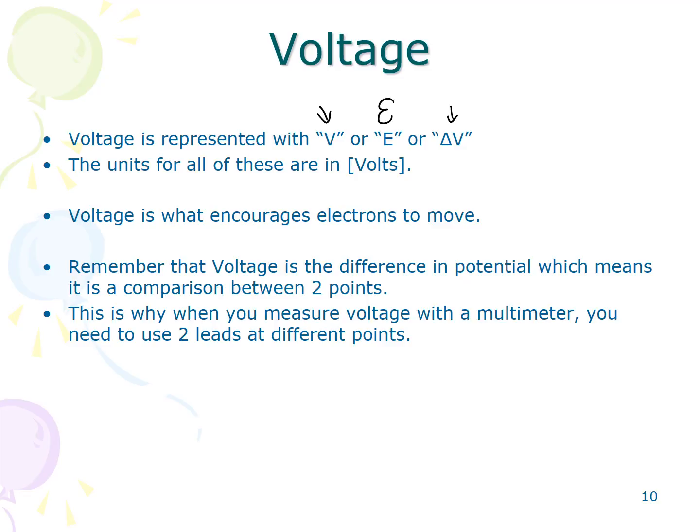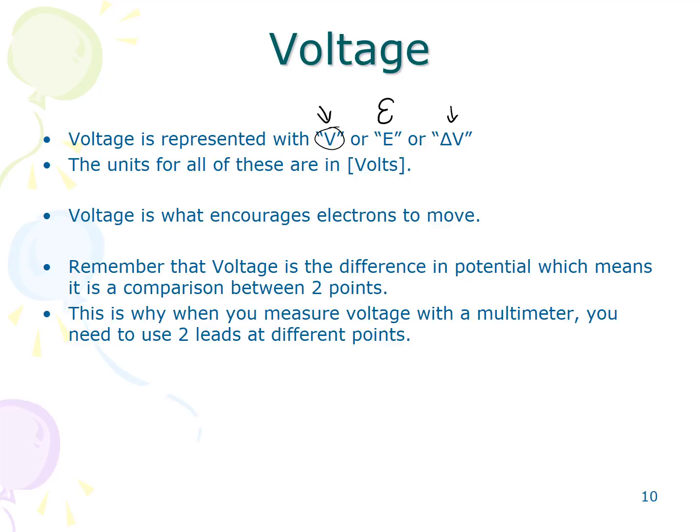A lot of times it's abbreviated to just V, so this is what you see most often. The units for voltage are volts. I'm sure you've heard this is a 9-volt battery, this is a 6-volt battery. That's talking about the difference in potential. It's your voltage.